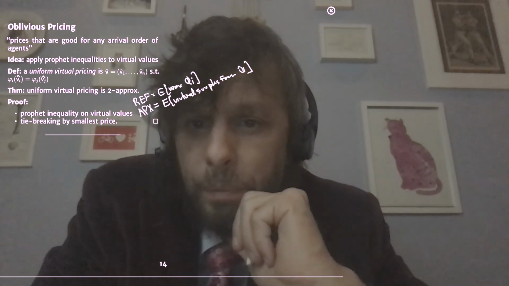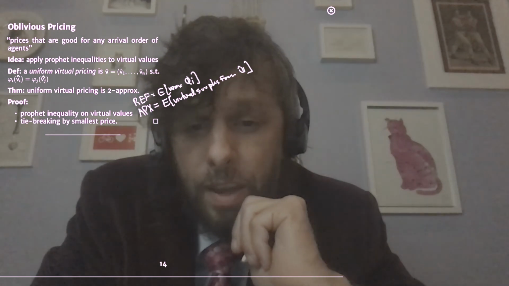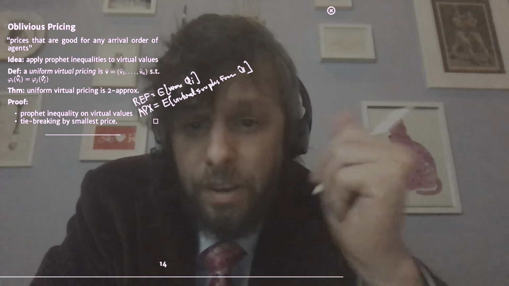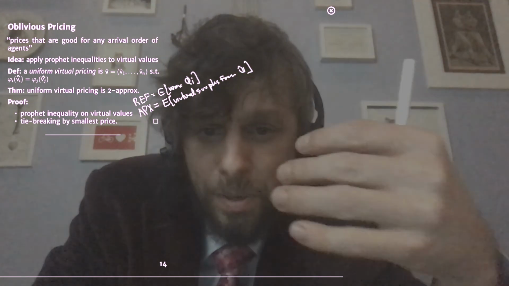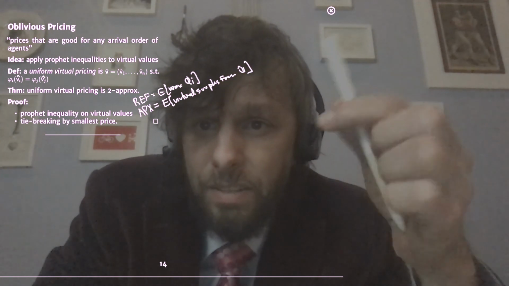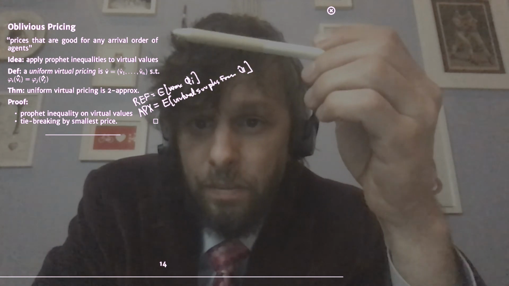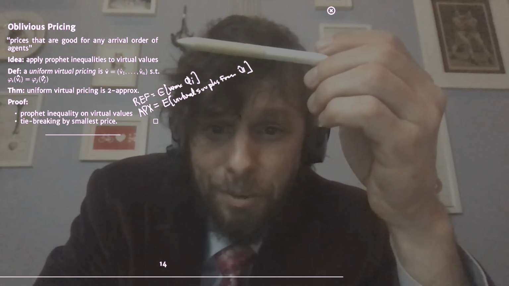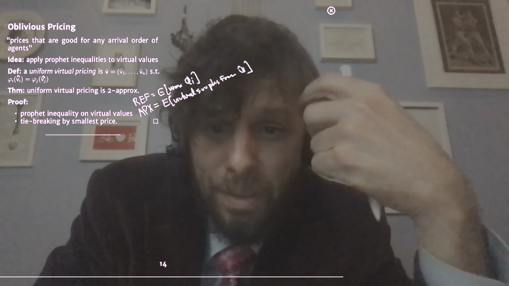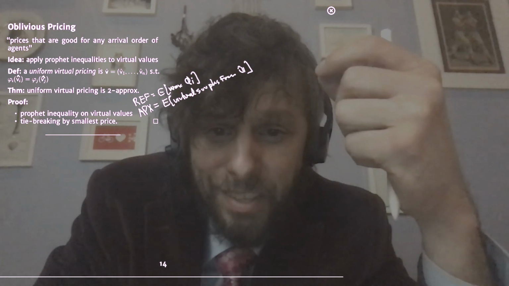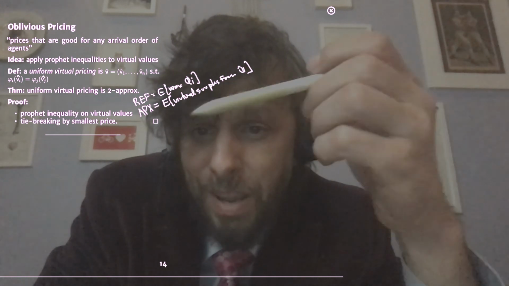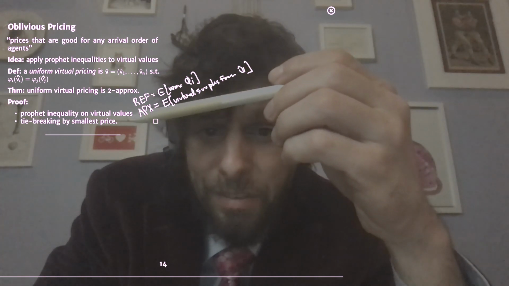Here I'm taking advantage of the fact that the profit inequality was invariant to the tie-breaking rule, because when I post these prices and the agents can arrive in any order, the worst thing that would happen for me is, if some subset of agents wanted to buy, the agent with the smallest price bought. So we're going to do tie breaking by smallest price in the profit inequality.